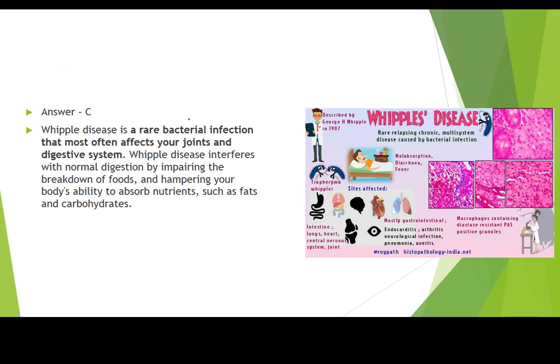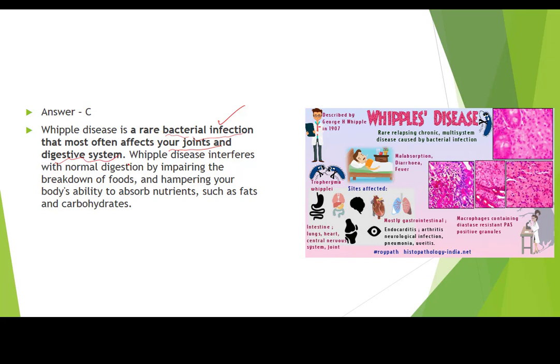First of all, you have to understand what Whipple disease is. It is a very rare, relapsing, chronic and multi-system disease caused by bacterial infection. It is a rare bacterial infection that most often infects your joints and digestive system.